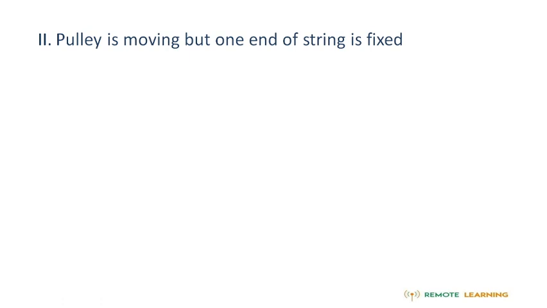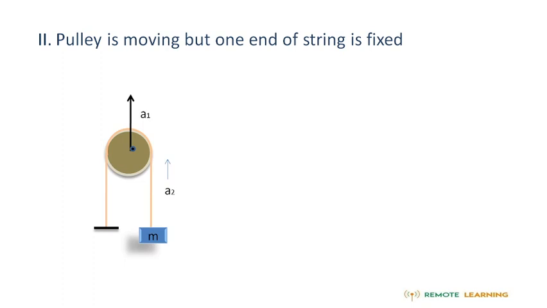The second case is pulley moving but one end of string fixed. Applying the tricks here, the lower end is fixed and the upper end is increasing the length with acceleration a1. If we look at the right portion of the string, you can see that both ends are moving. The upper end is increasing the length with acceleration a1 and the lower end is decreasing the length with acceleration a2.